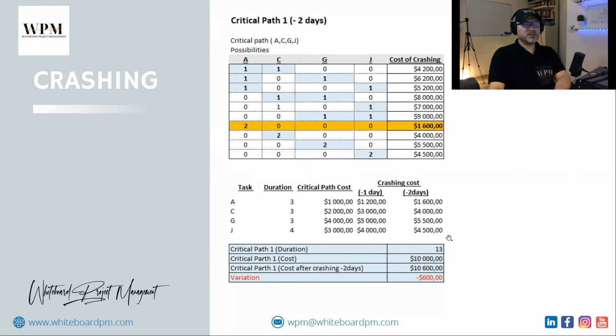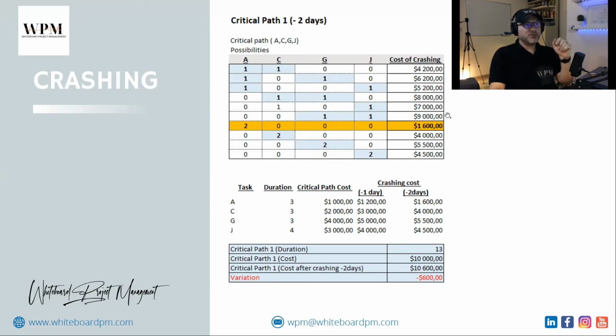If I crash activity A and C for 1 day, it's 1,200 plus 3,000, this is 4,200. The same will be applied for the other activities. So here I have the cost of crashing for critical path 1.